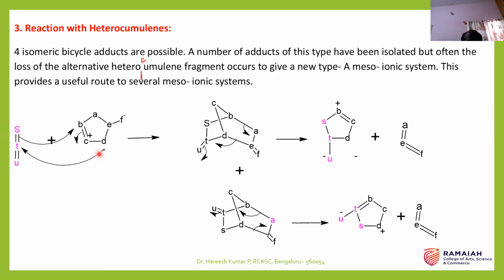So this anion can attack this heteroatom and this bond pair will attack this atom, forming an adduct like this. Suppose, instead of S double bond T double bond U, it is S double bond T, U inverted, if U is on the upward side, then also it will undergo addition, forming an adduct like this.